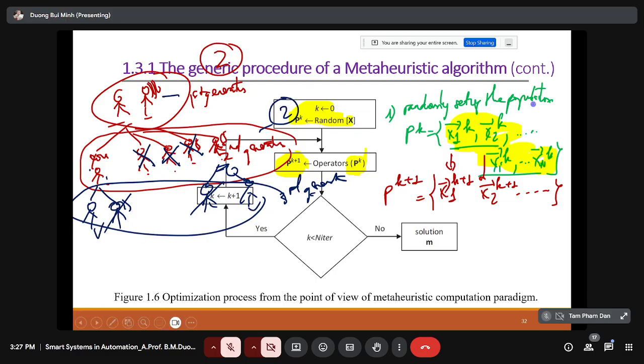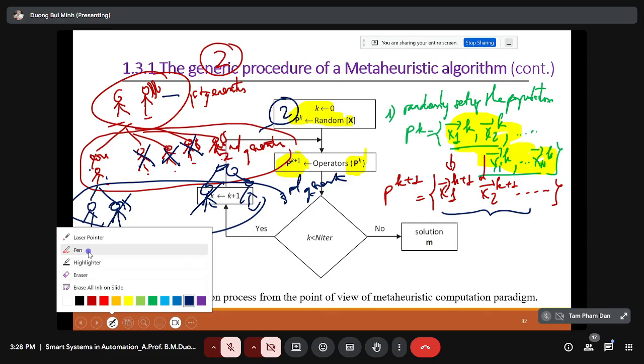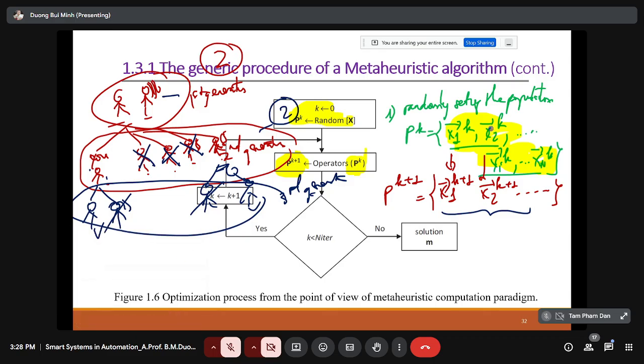So every generation, the number of solutions must be fixed. For example, here we have n solutions. So when we update from the population to the new population, you will also get n solutions.